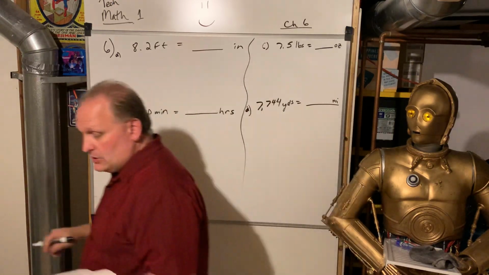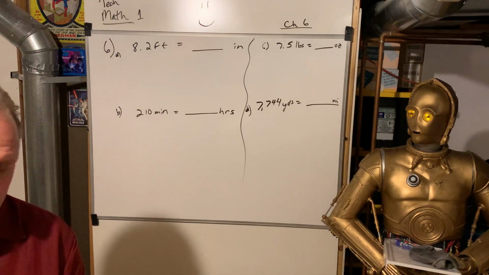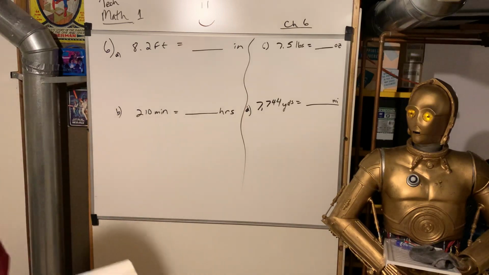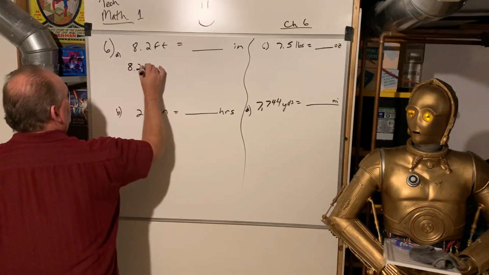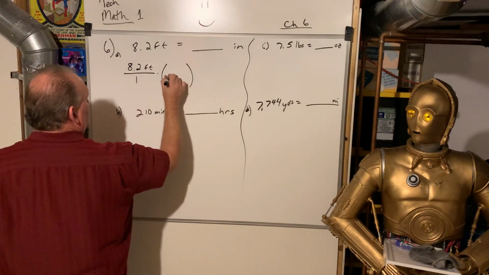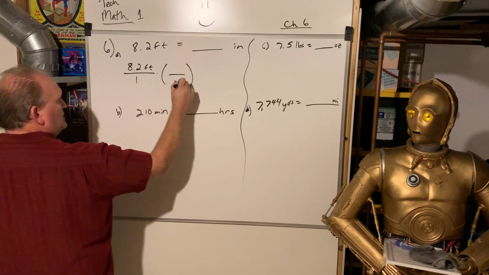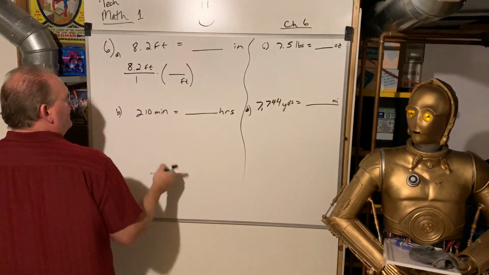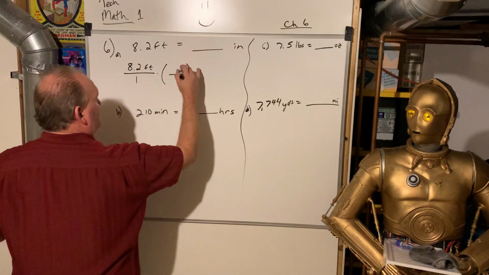Okay, so basically, when you're doing conversions, you're just multiplying by a fancy one. So look, I have 8.2 feet over 1, and I want feet to go away. So whatever unit I want to go away, that's on the top, I put that on the bottom, and I want inches to stay, so that's what I'm going to put on the top, inches.